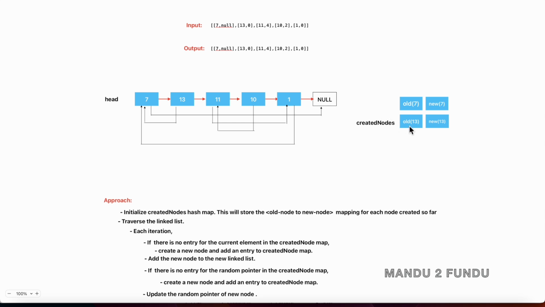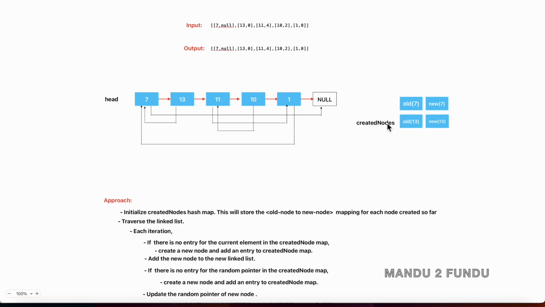If there is no entry in this map, we allocate a new node, copy the value, and then create an entry in this hash map.